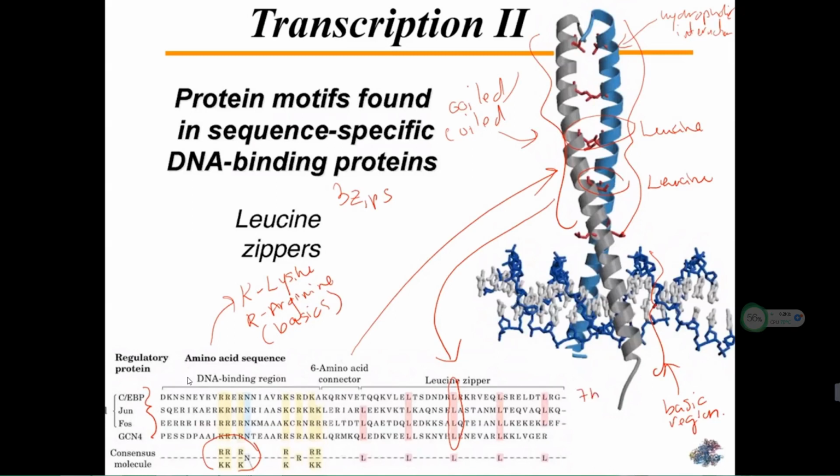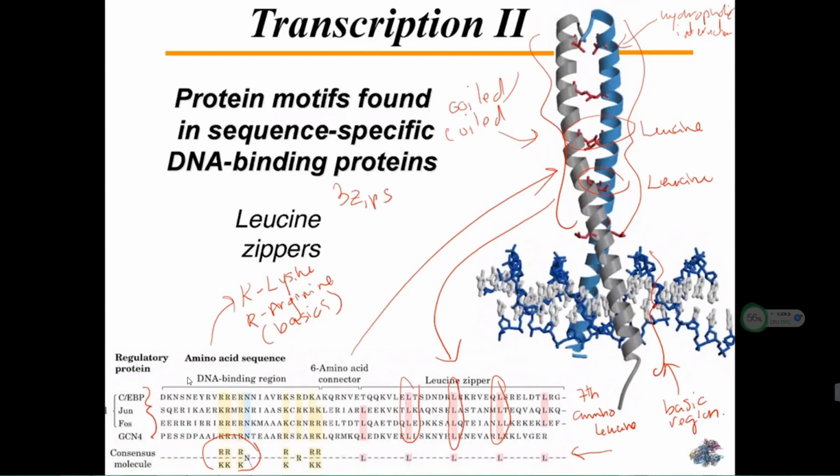Again, we have another one here and another one here. When you look at the consensus sequences from these comparisons, again done through footprinting experiments, you basically have a very basic DNA binding region, a 6 amino acid connector region, and then a very hydrophobic region consisting of leucine amino acids that are held together through hydrophobic interactions.